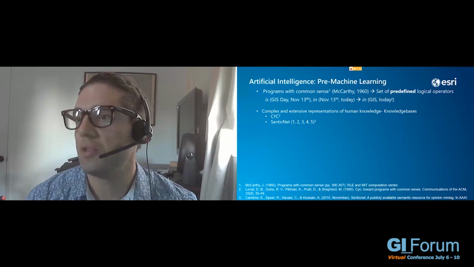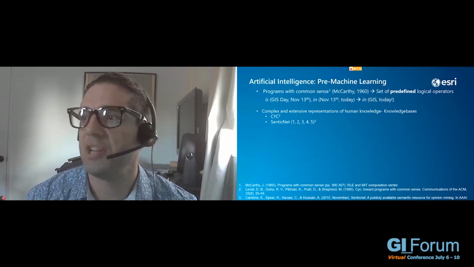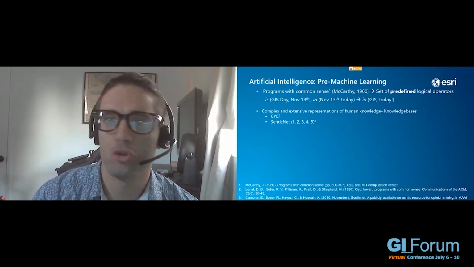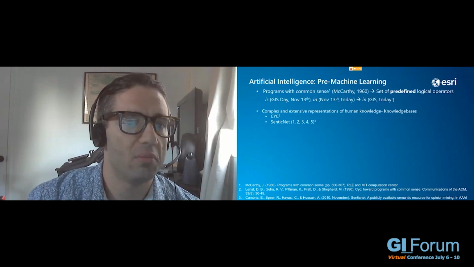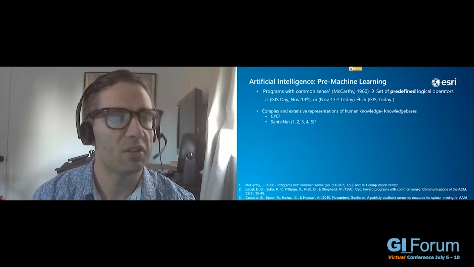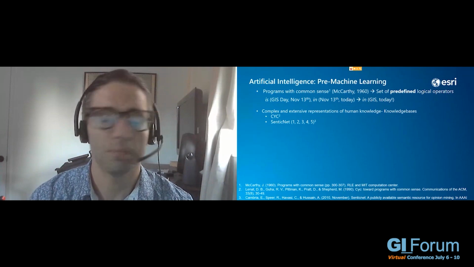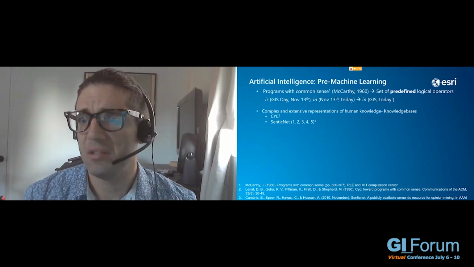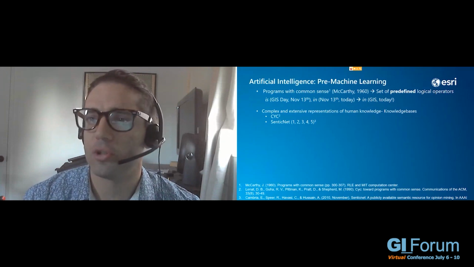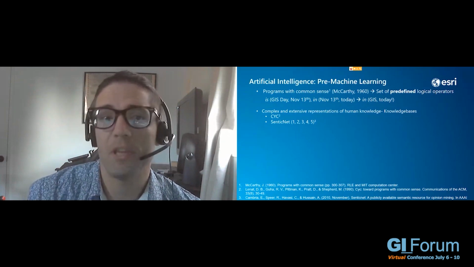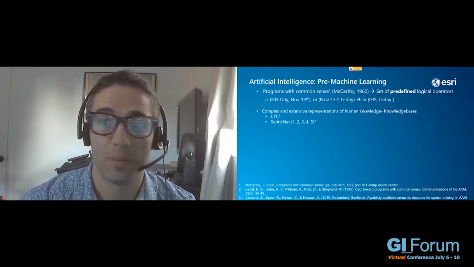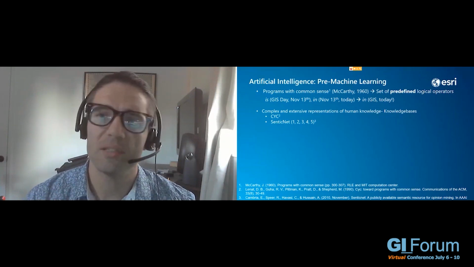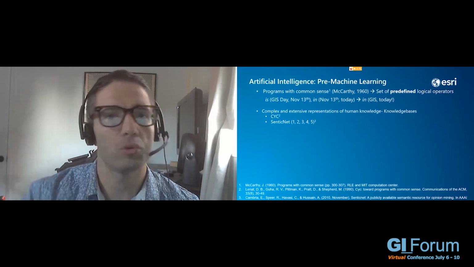What they wanted here was a set of predefined logical operators to do certain tasks. And in the past, people defined these knowledge bases. So this is artificial intelligence without machine learning. And in this area, they had models called CYC. Some of you might be familiar with CYC and Centric nets because they had applications to environmental sciences. What these are is basically a set of rules.